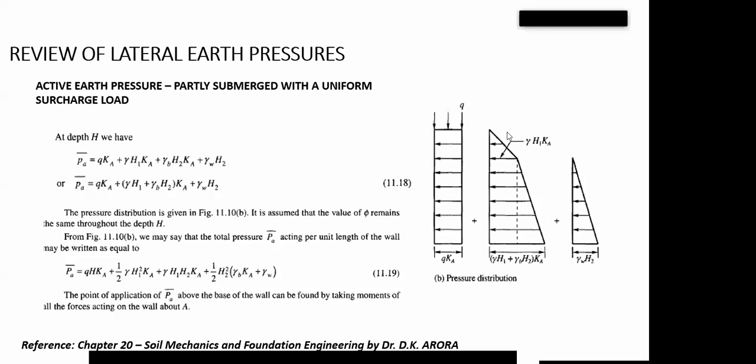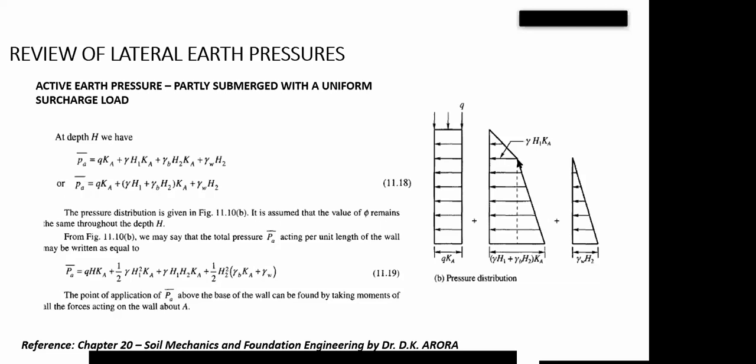Look at where my mouse is: this is where the water level is. The pressure distribution for the soil that is not submerged is just this triangle. The submerged soil is going to have its own separate triangle too.